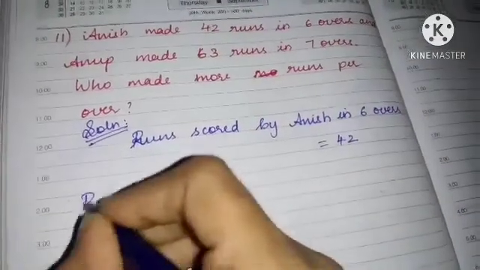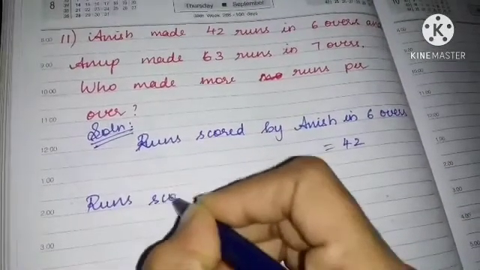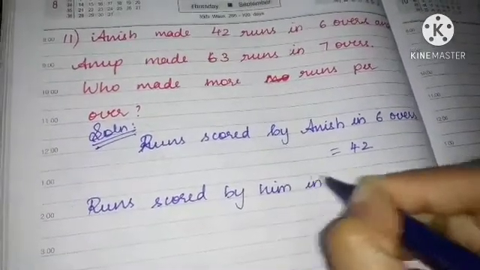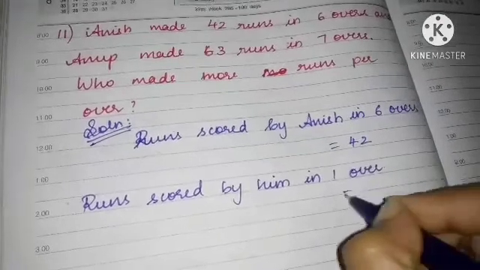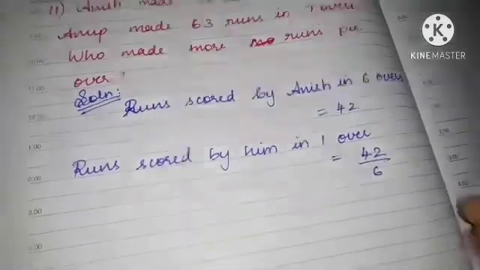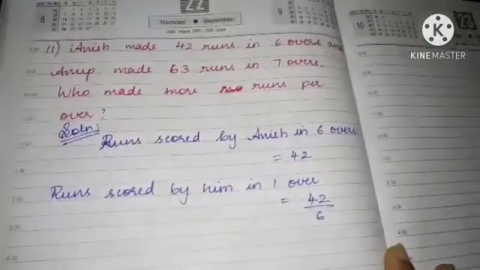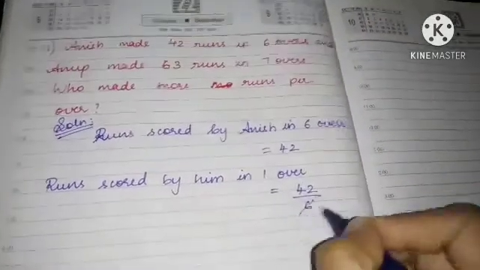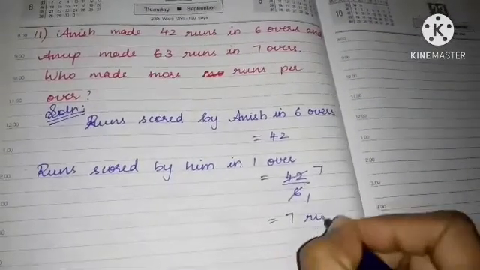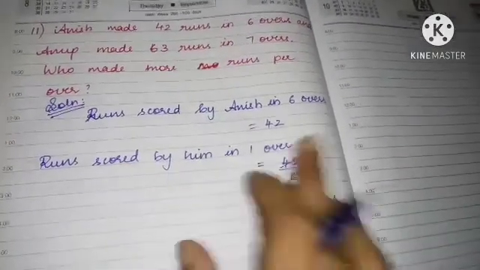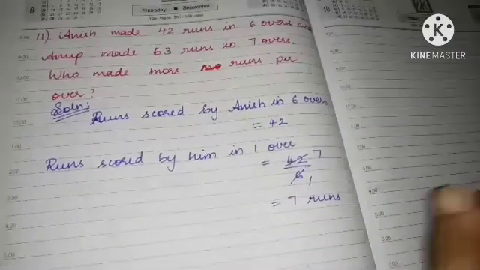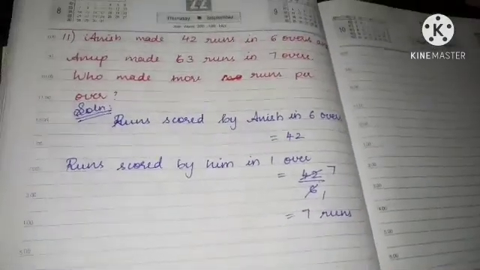So runs scored by him in 1 over, how will we find it? 42 divided by 6. 6 ones are 6, 6 sevens are 42. So how many runs has he scored in 1 over? 7 runs. Anish has scored 7 runs in 1 over.